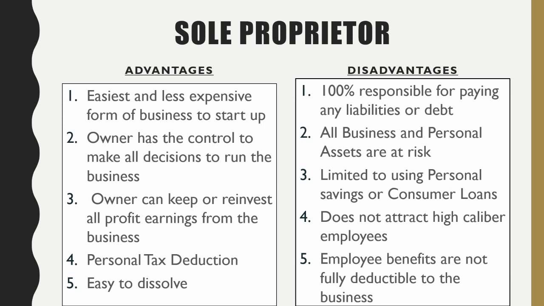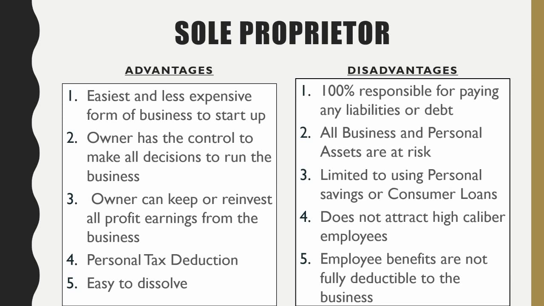And then lastly, personal tax deduction. Number 4 is personal tax deduction. So again, I did touch upon this. You can take a personal tax deduction because you are a business owner. So this is a deduction, as in you get to keep some of your money because you own a business.